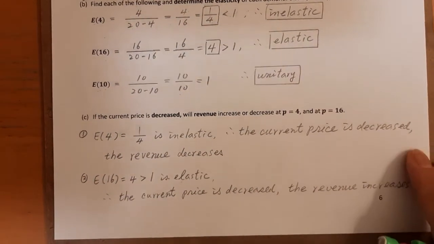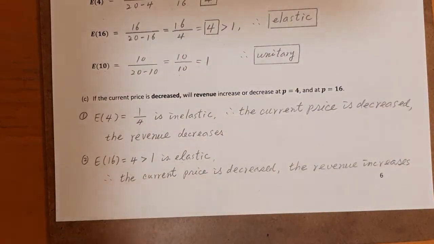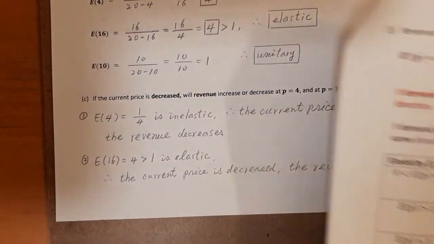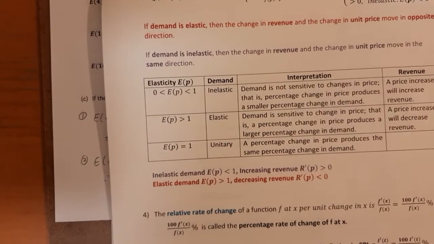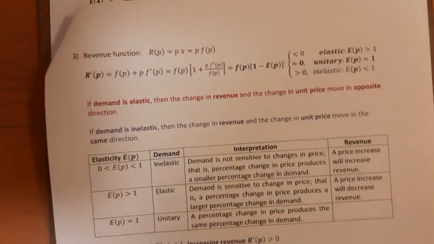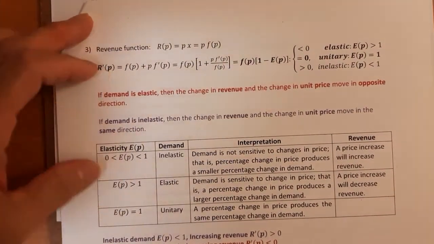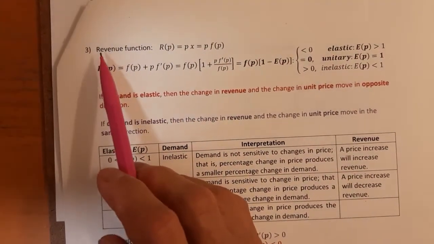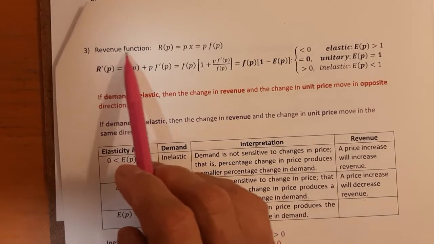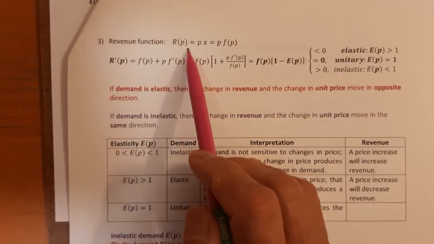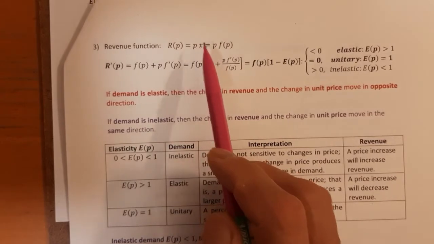Now let's look at the formula for the revenue. This is in your notes, chapter 3 notes. The revenue function is R of p equals p times x.